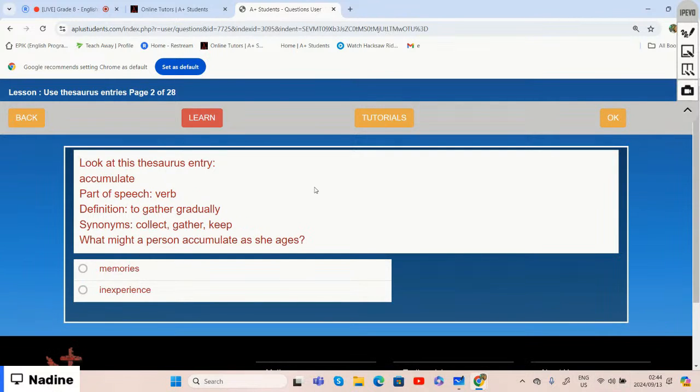All right, here we have the word accumulate. It's a verb, to gather gradually, and the synonyms of this word are to collect, to gather, to keep. So now, what might a person accumulate as she ages? Memories or inexperience? Which one is correct? What do we collect after time?